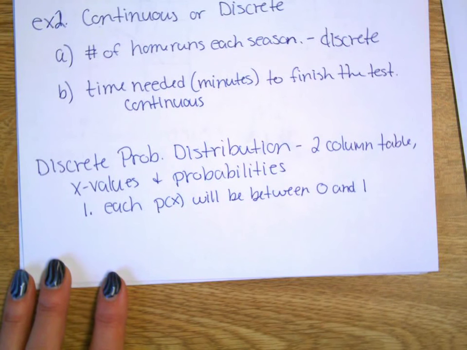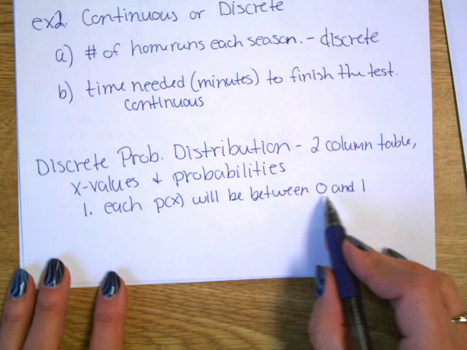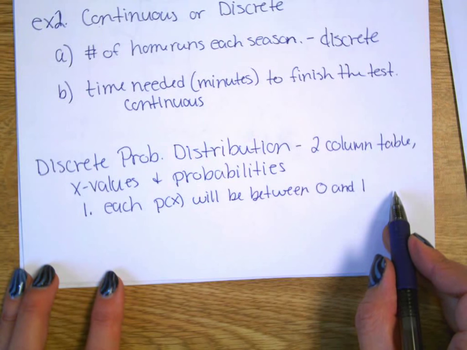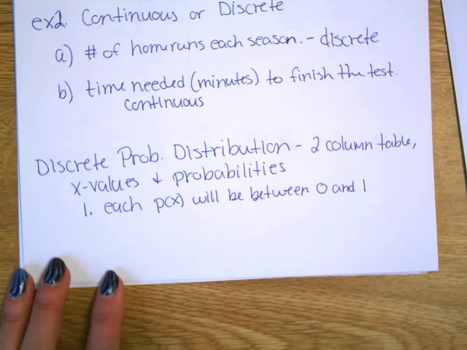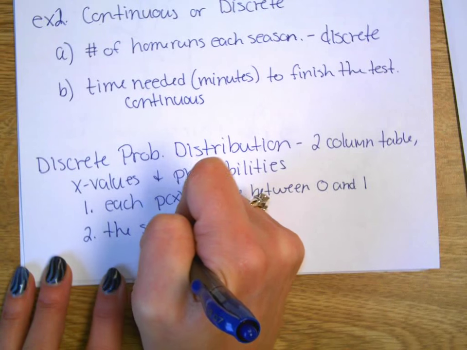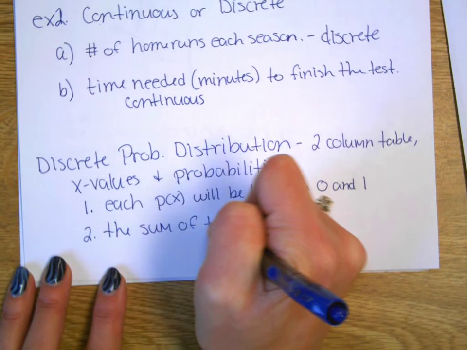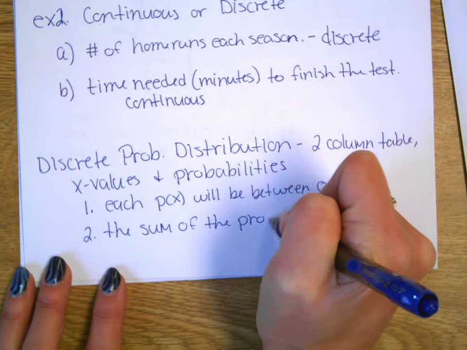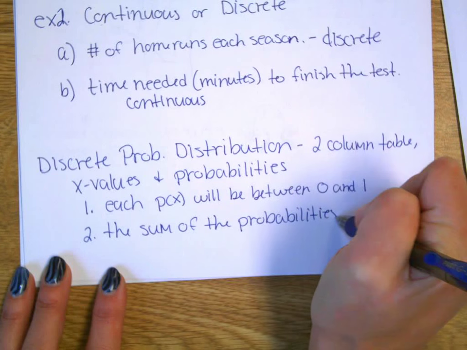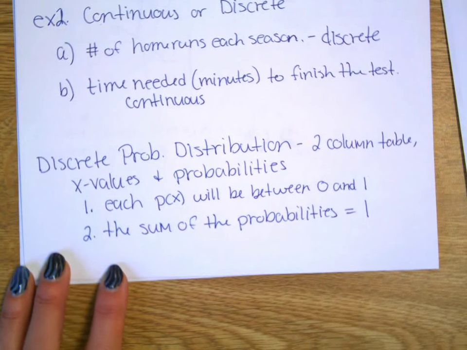Yep, it could, that means it's absolutely not going to happen. Can a probability equal 1? Yes, that's a 100% chance that's going to happen. I say between, but I mean also including 0 and 1. You just can't have any negative probabilities, and you can't have any probabilities over 1. Are we good there? And then the second thing, the sum of the probabilities will add up to 1.